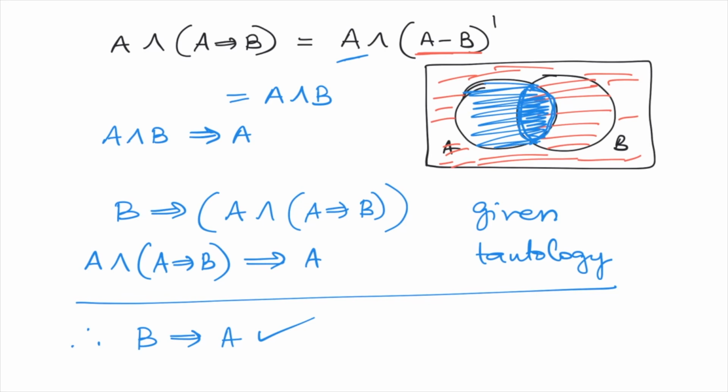Now that is about the third part. So the third part is equivalent to B implies A. What is given in the third option? B implies something which is a subset of A. Since that quantity implies A is a tautology, we know that B implies A, and this rule of inference is what we call hypothetical syllogism, right?